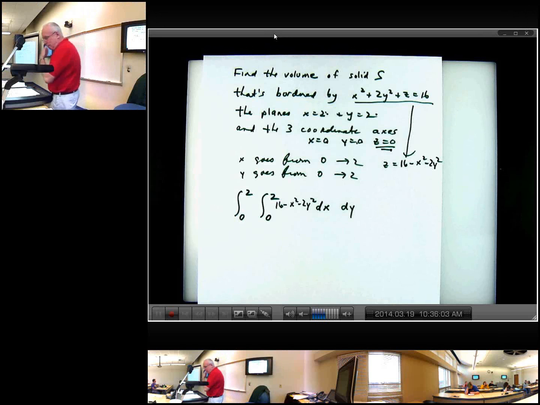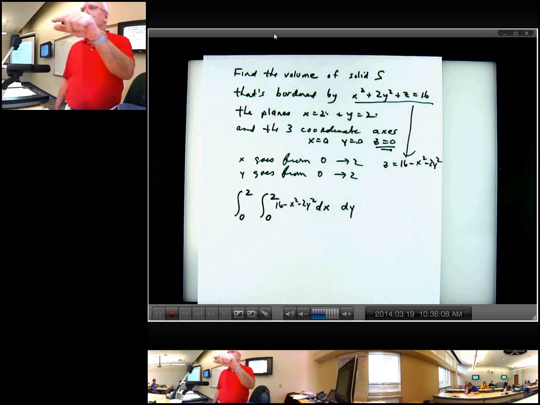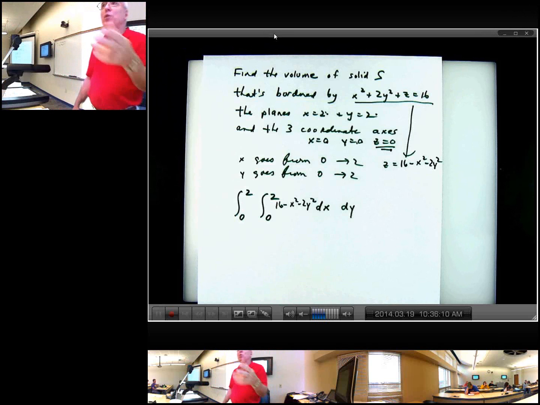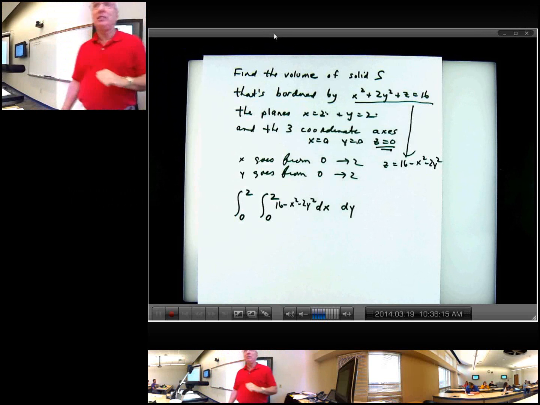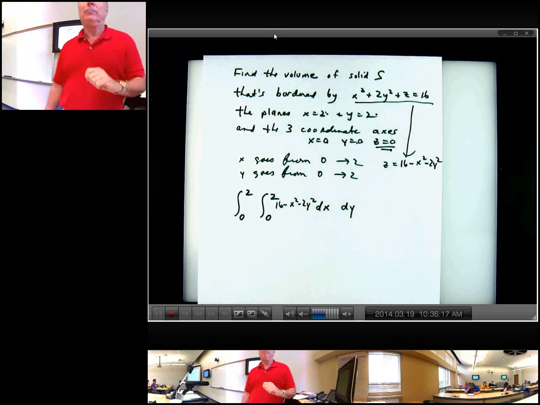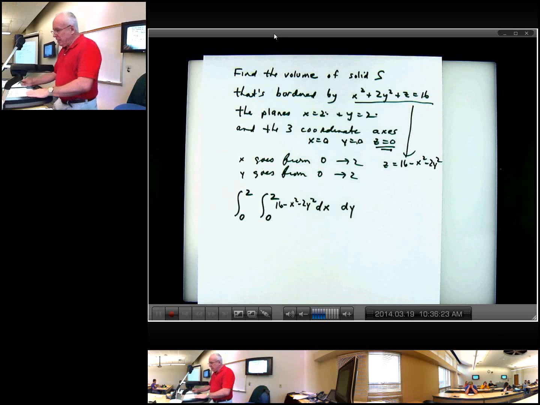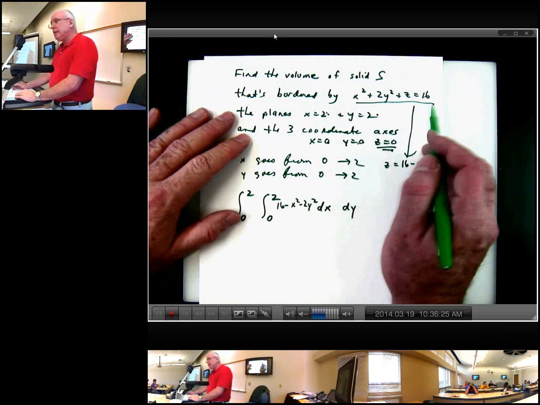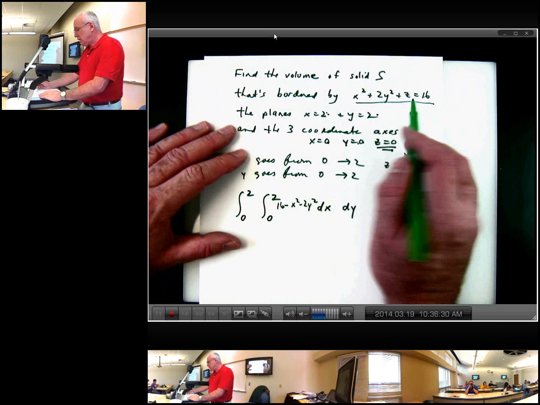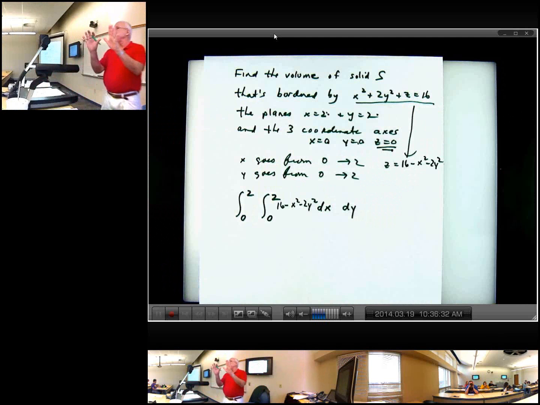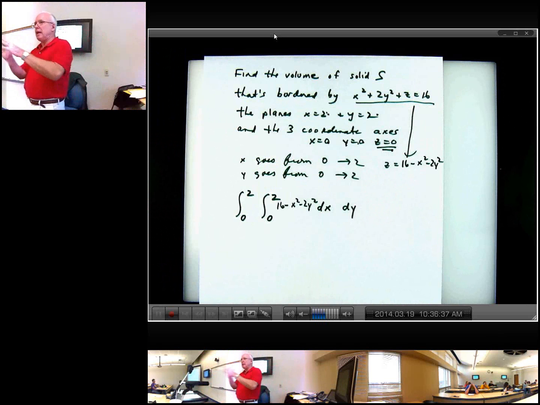In fact, we're going to have a problem coming up in the next section where we have to do a little more work like that to get our limits of integration. What if it were equal to 1? Then it becomes more complicated, because then we have to look at more. Let's just work this one, and let me address that after I work this, okay?